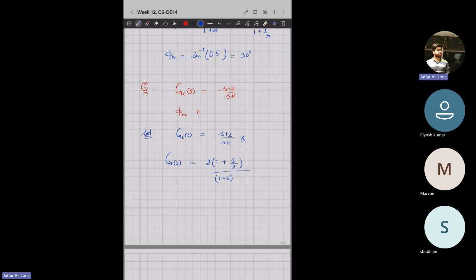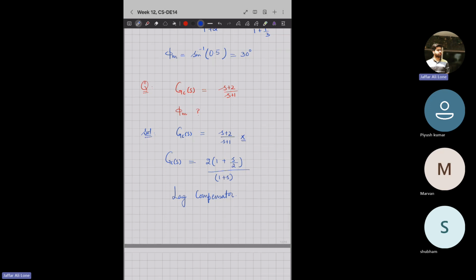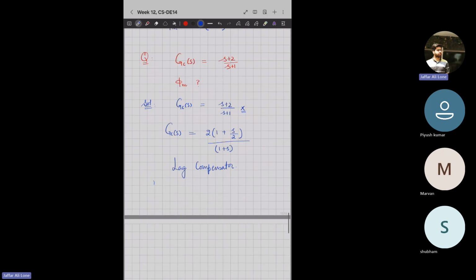So when it's a lag compensator, tell me, find the maximum phase shift it will provide. Okay, and what is the transfer function of a lag compensator? I'll write it for you.